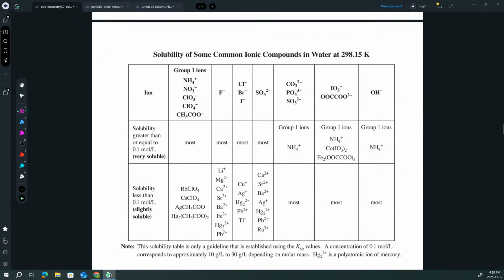I'm going to find my anion, or my ion with a negative charge, first. Bromide is my anion. Most things are soluble with it, but I'm going to double check my list of exceptions first. Lithium's not there, so yes, it is soluble in water.